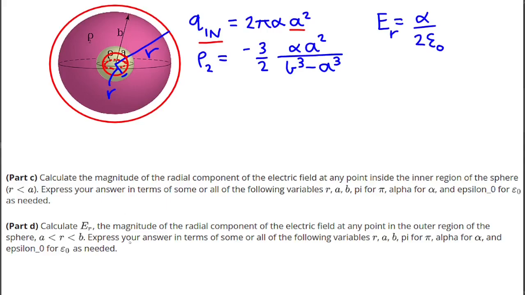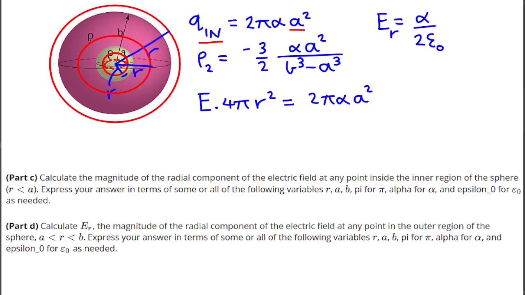So using Gauss's law again, and taking our Gaussian surface inside the outer region of the sphere, where this Gaussian surface has a radius r, then the electric flux through this surface is the electric field by 4 pi r squared, and that's equal to the total enclosed charge, which is the charge enclosed in the inner sphere, being 2 pi alpha a squared, plus the charge enclosed in the outer part of the sphere.